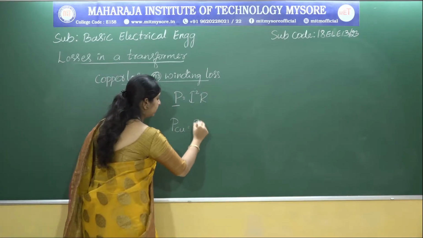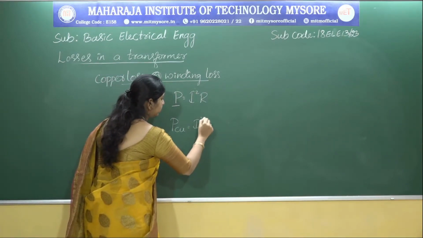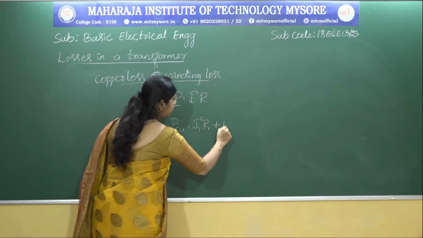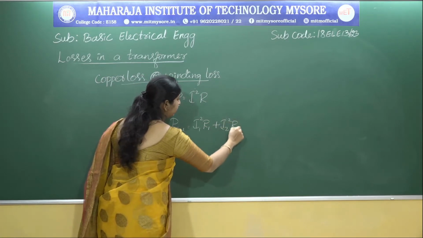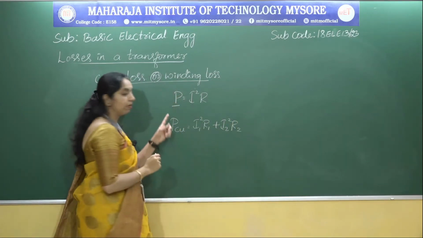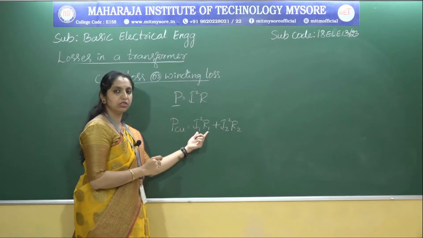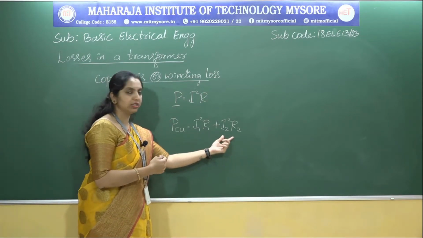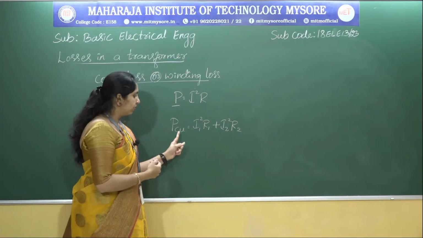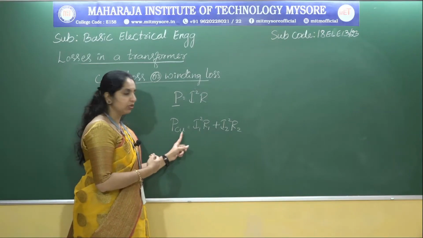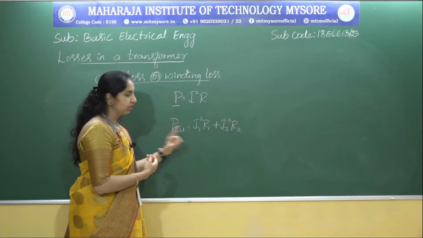This can be expressed as I1 square into R1 plus I2 square into R2. As I have already indicated, power is wasted because of the resistance at the primary as well as at the secondary, and copper loss also depends on the magnitude of the current.